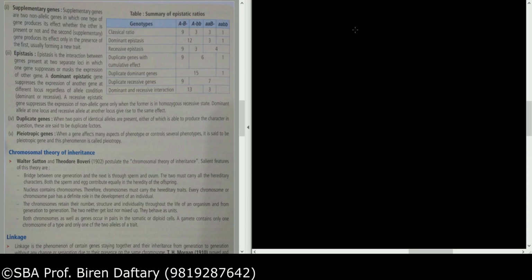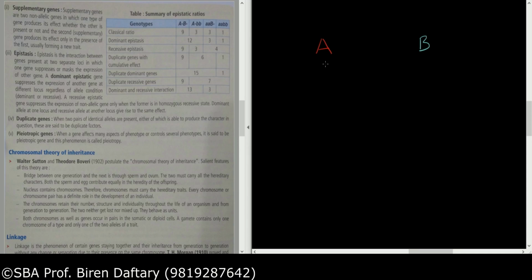Now again let us take the example of gene A and gene B. These are non-allelic. Now in supplementary genes, this A gene is an independent gene.